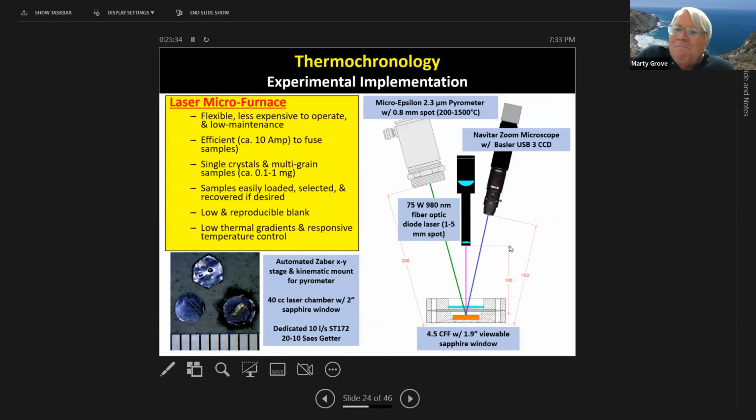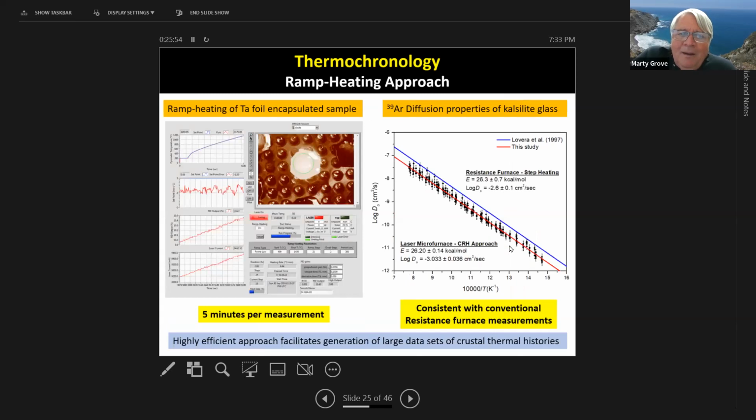So finally, we've developed new methodologies for extracting argon. We're now using diode lasers, which heat a very small foil packet on the order of about 3 millimeters. So we have this micro furnace that we can extract the argon from. It's all computer controlled, and we've actually dispensed with step heating.